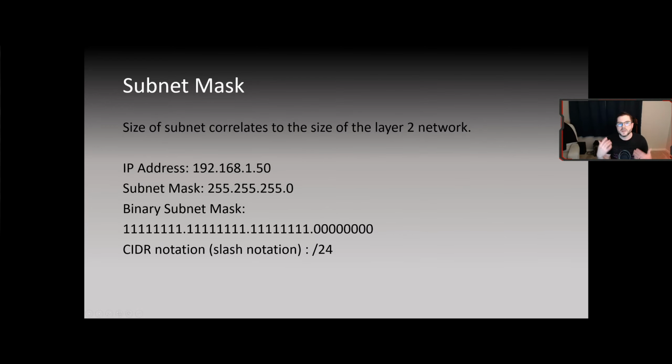And so the size of the subnet is going to correlate to the size of the layer 2 network. So depending on how many switches you have put together and how many devices you need to have on your local network, you're going to have that size of a subnet. And what I mean by that is, as we were just talking about, this first portion with the bits turned on, that's the network portion.